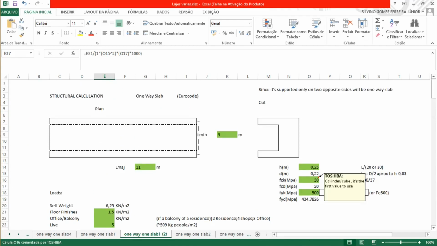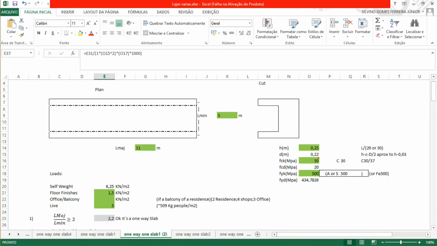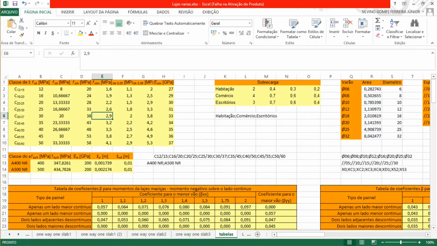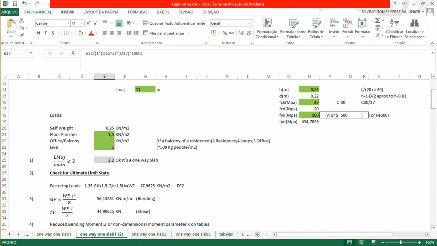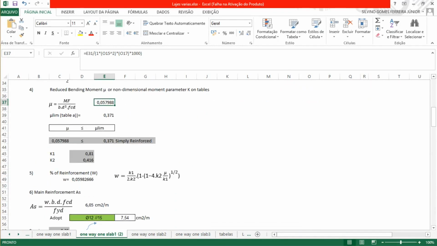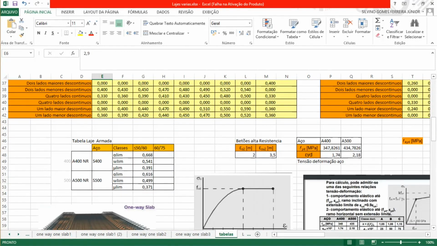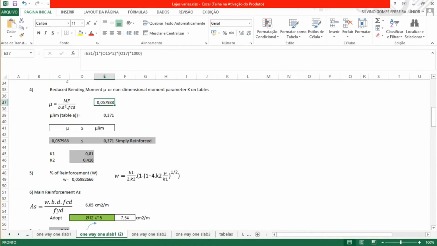The limit for this concrete and steel, C30/37 with A500, if we go to the tables and check the mu limit, still for steel 500 and concrete less than 50, gives us 0.371.